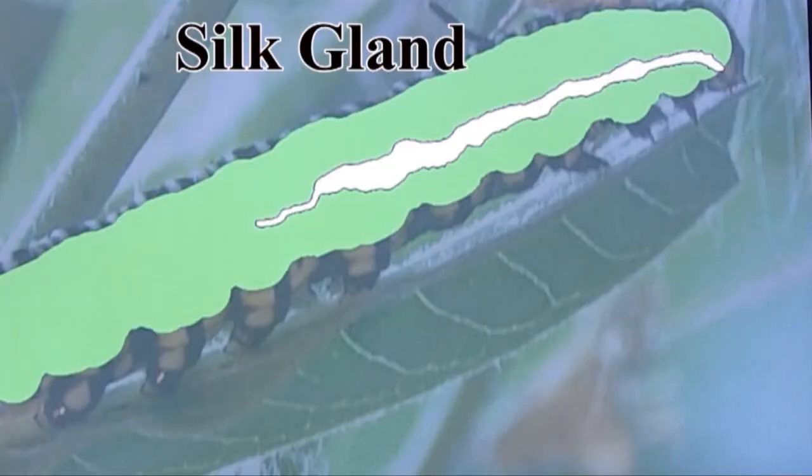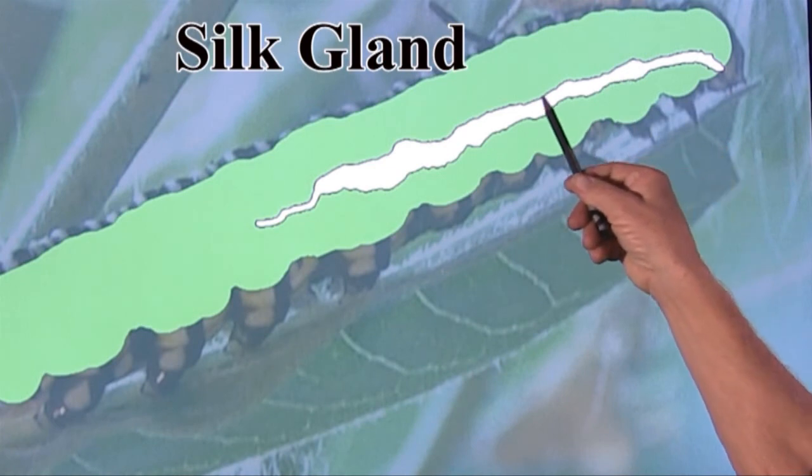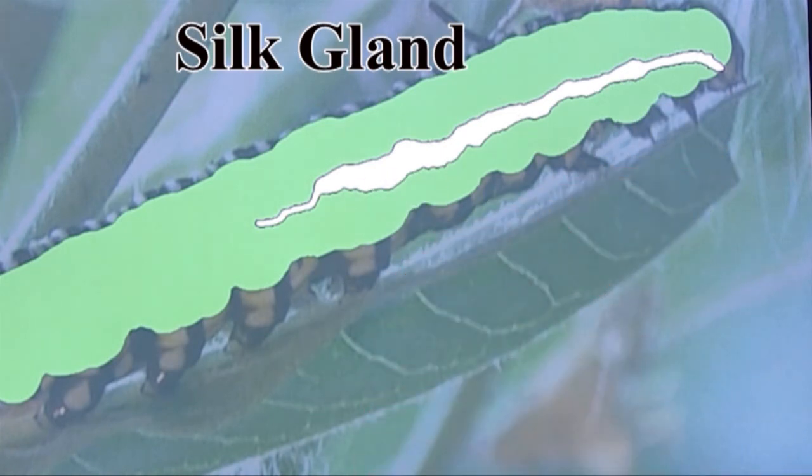Unique to the Lepidoptera, the butterflies and moths, is this special gland in the caterpillar, the silk gland. It produces silk strands, makes a mat that the larval stage can attach to and metamorphose into the pupa stage.